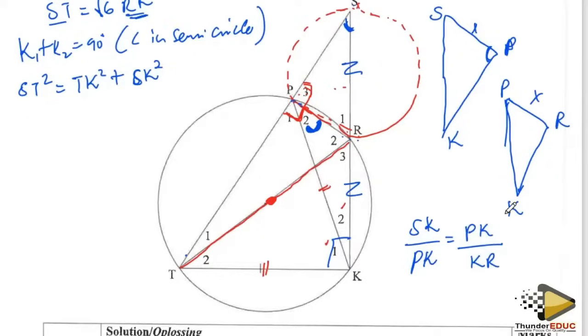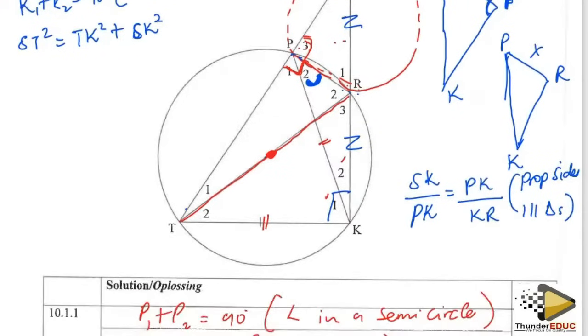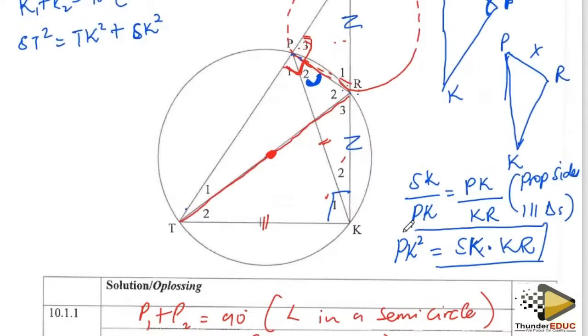What's the reason? That's going to be the proportionality of sides because of similar triangles. If I make PK the subject, which means PK squared is the same as SK times KR. And this, I need it.